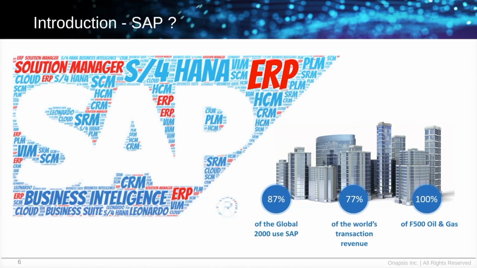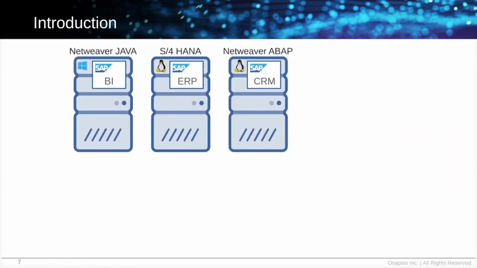On the right side of the slide, there are some numbers about this company that I want you to know. For example, 77% of the whole transaction revenue of the world goes through an SAP system. Another number: all Fortune 500 oil and gas companies are using SAP for their daily business. I hope these numbers help you to measure how critical SAP is and how widely it is being used.